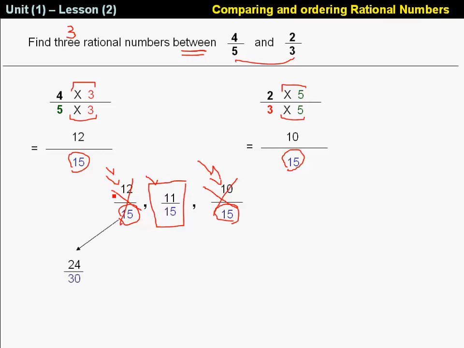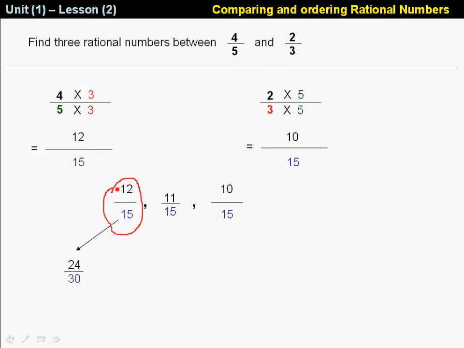It is very easy. Multiply this rational number times 2 over 2. You must multiply the numerator and the denominator by the same number. Otherwise, it will be wrong. So here we have 24 over 30, and also this one, we multiply 10 times 2 is 20, 15 times 2 is 30. We multiply this by 2, we must multiply the other rational number by 2 also.